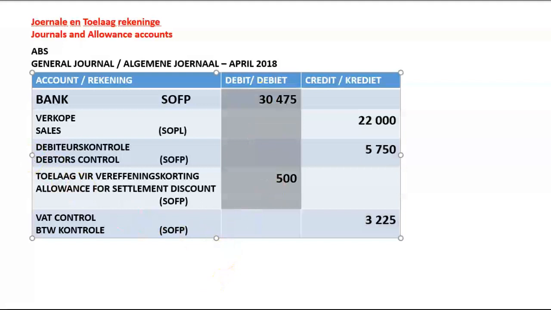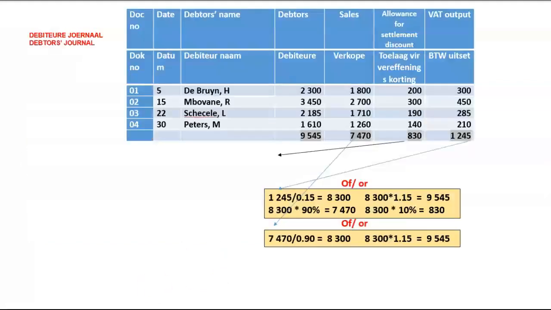Now that seems to be fairly straightforward, but now you must understand exactly what happened there. If I give you the total of the debtors column for the month of April in the debtors journal, the total of 9545, you should know that that total represents the invoice value of credit sales for the month of April.